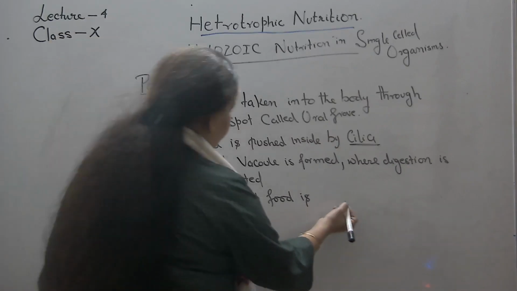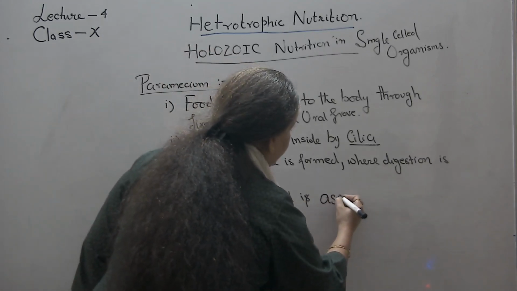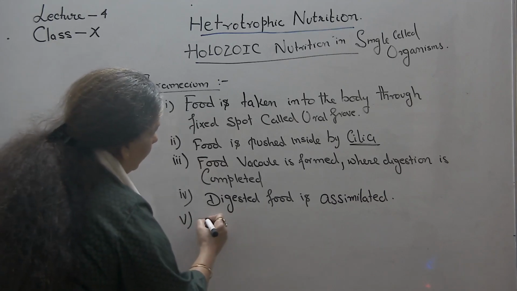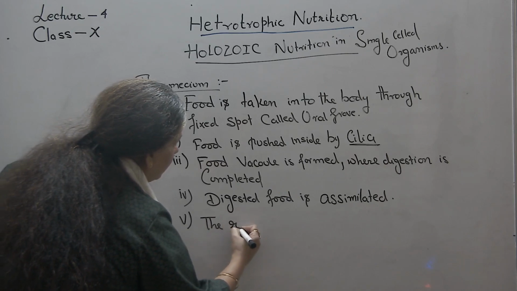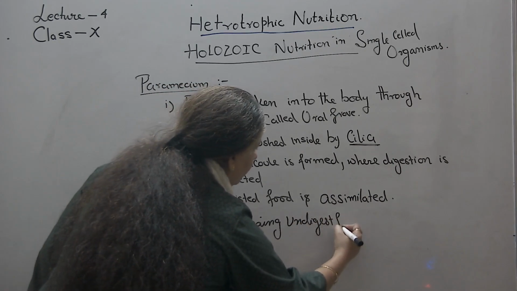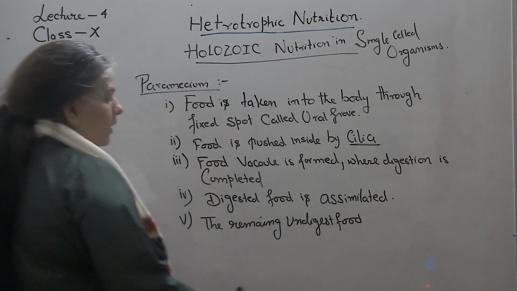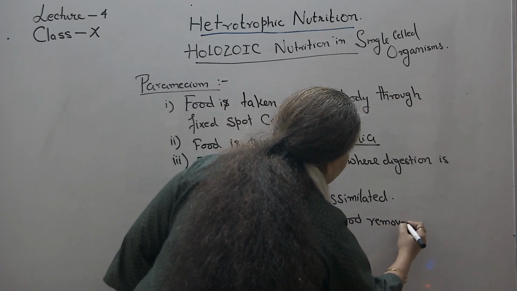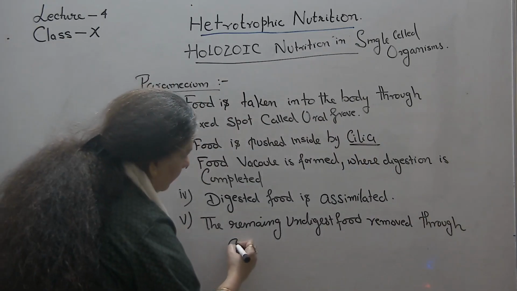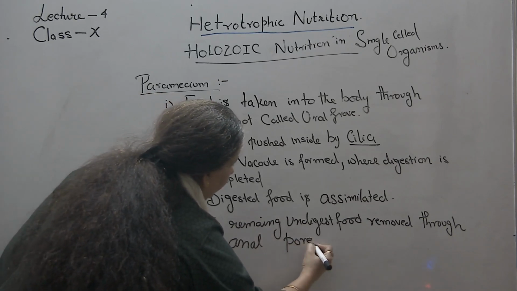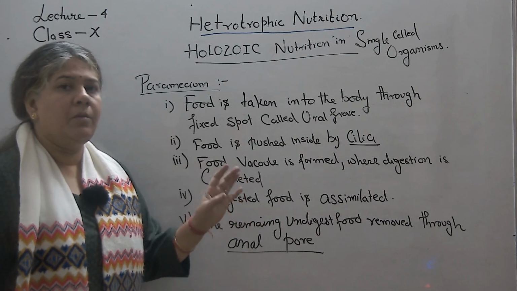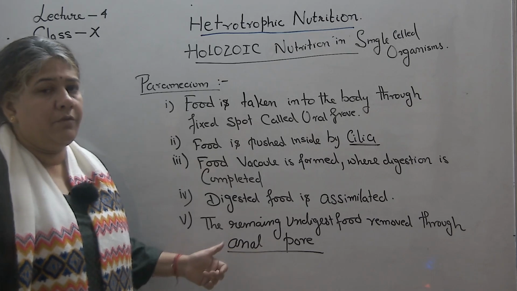Then the undigested food, or the remaining food, is removed through the anal spot, or anal pore. There is a fixed spot also for removal of undigested food. In amoeba, the whole body surface can remove undigested food. So in this way, paramecium is different from amoeba.